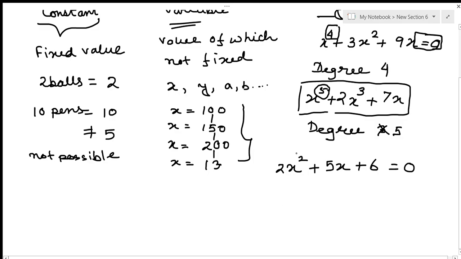The variable is x, and the maximum power of x is 2. So the degree of this equation is 2, so this is a quadratic equation.